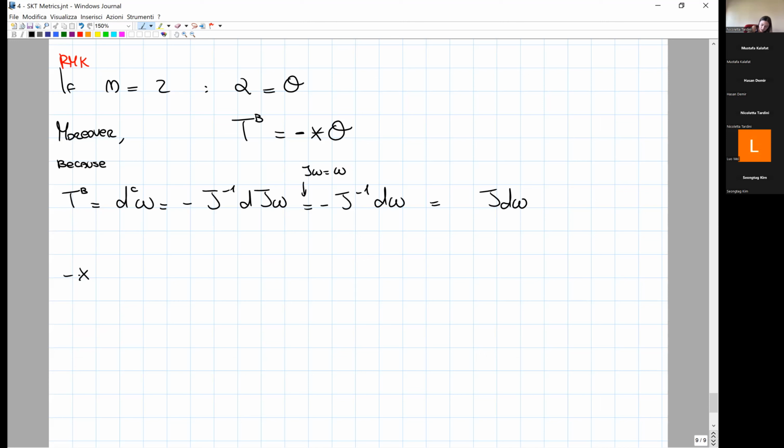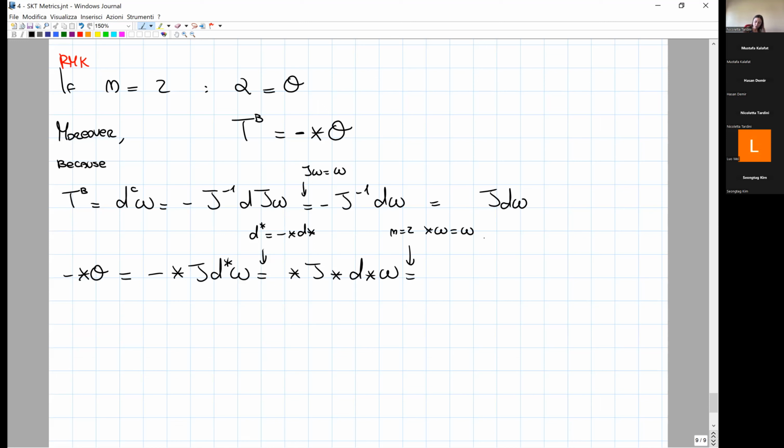And also on the other side, if we compute minus star of theta, this is minus star J d star of omega. So d star is minus star d star, so the minus cancels. So we have star J star d star of omega. But we are in dimension 2, so star of omega equals omega.